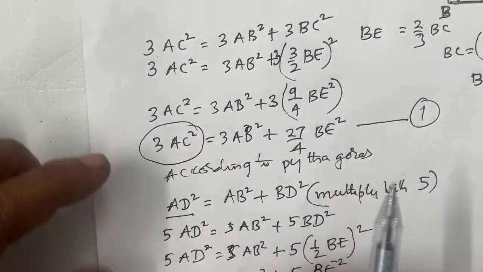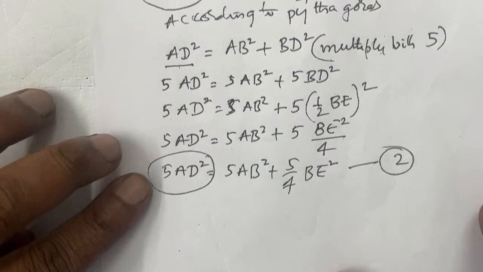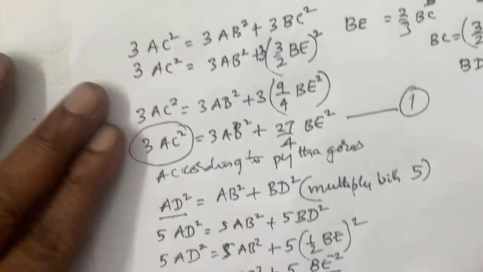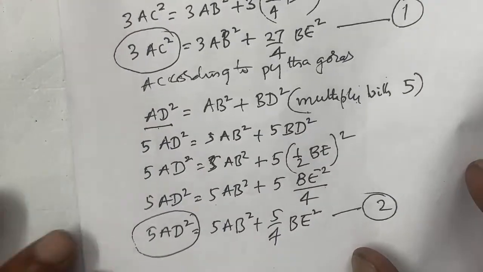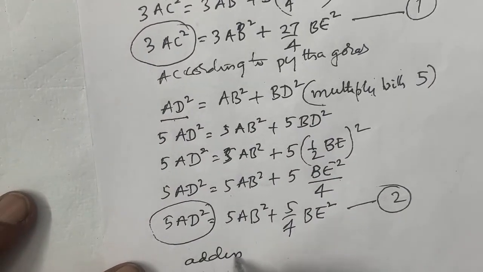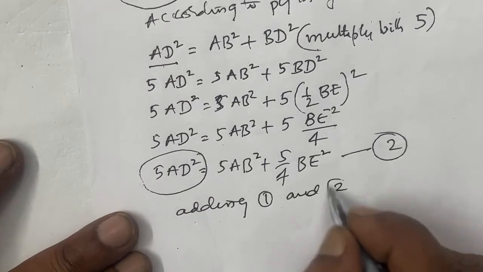These are the values of 3AC square and 5AD square. Now I have to add both. Adding equations 1 and 2.